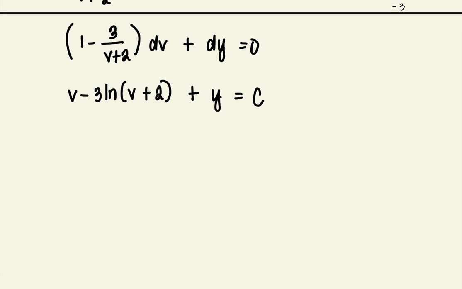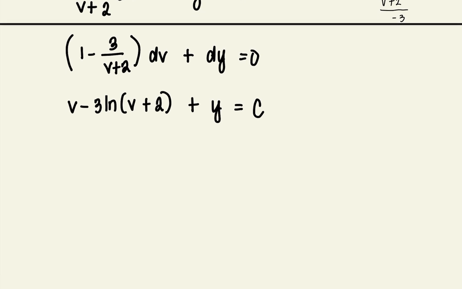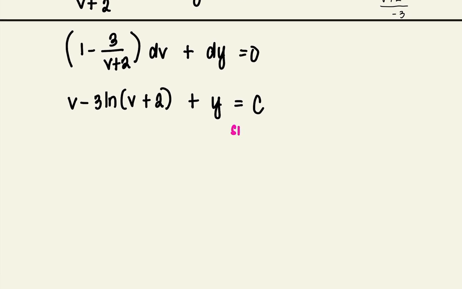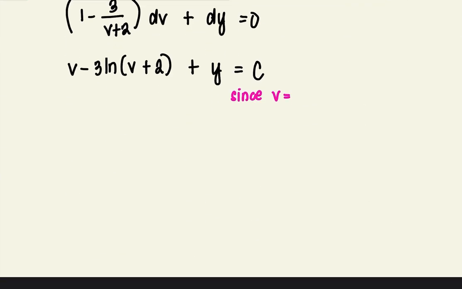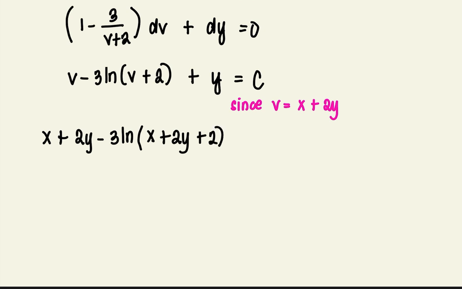And what is v equal to? v is equal to x plus 2y, so we substitute: x plus 2y minus 3 ln of (x plus 2y plus 2) plus y equals c.